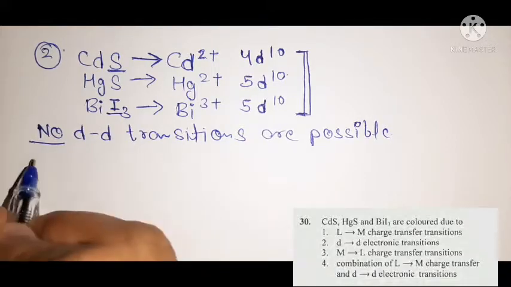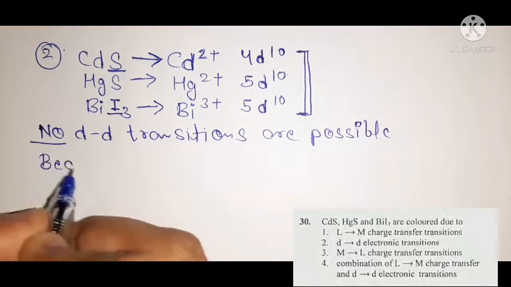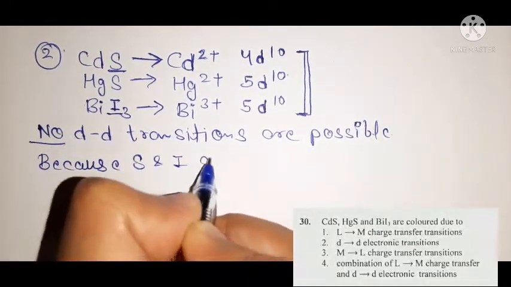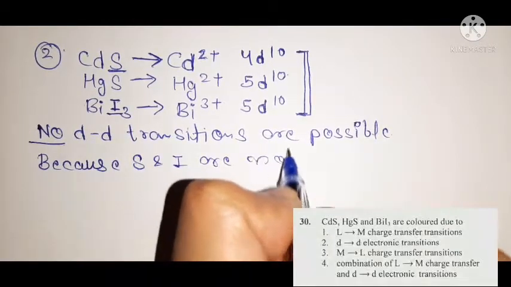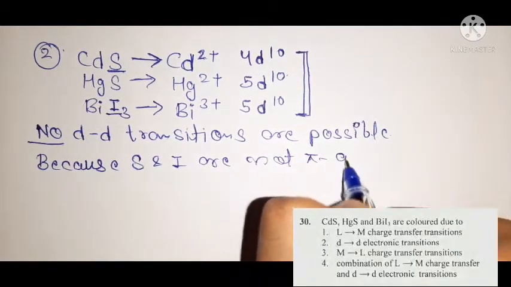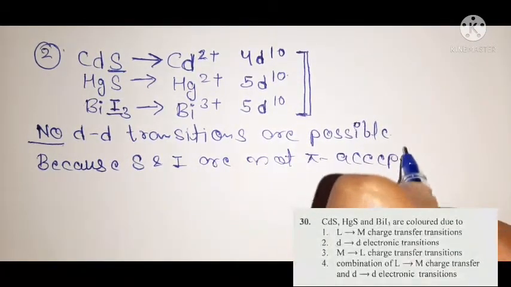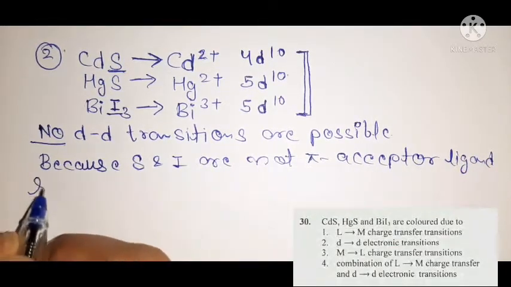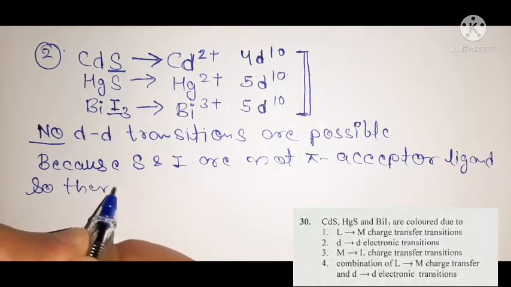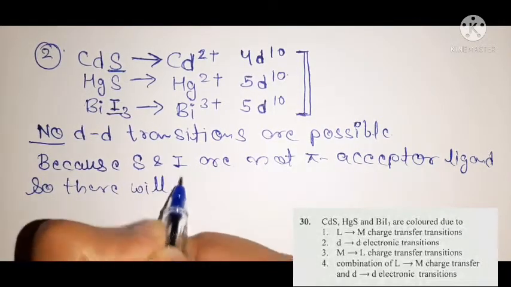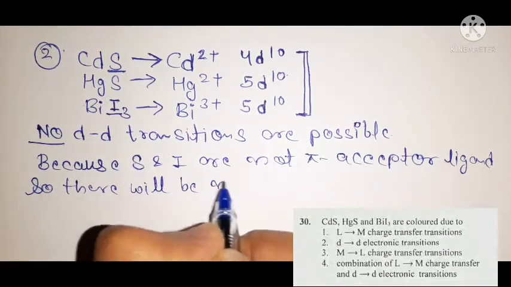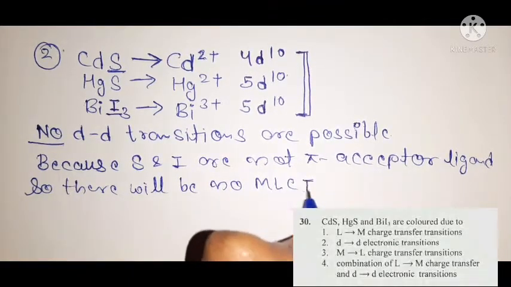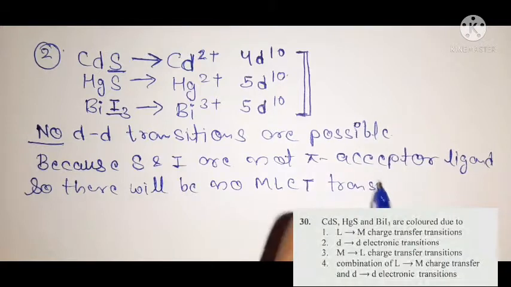Understand? Because sulfur and iodine are not pi acceptor ligands, there will be no metal to ligand charge transfer transitions present.